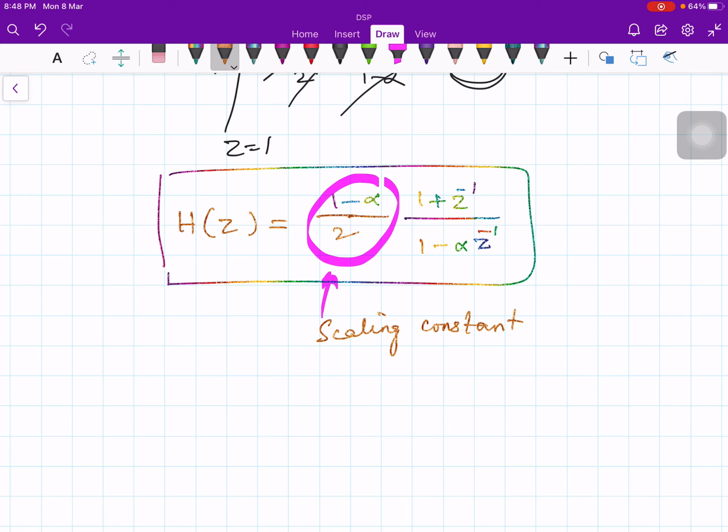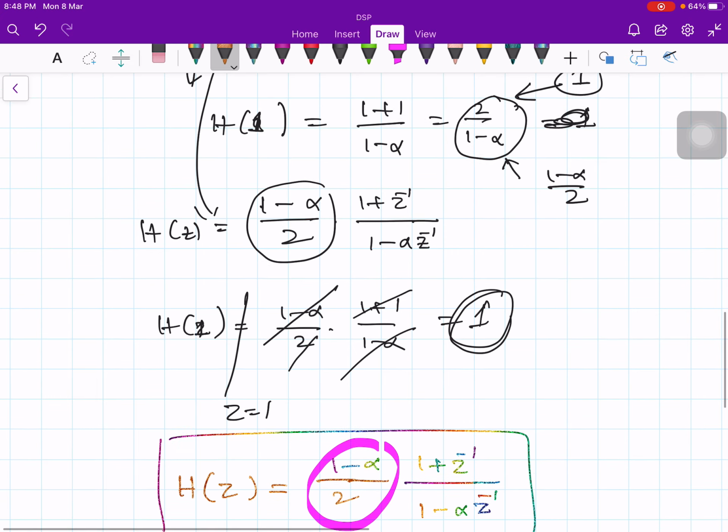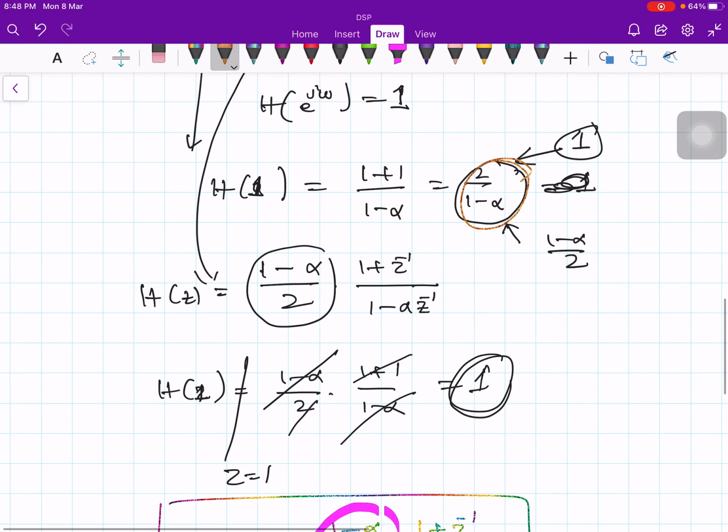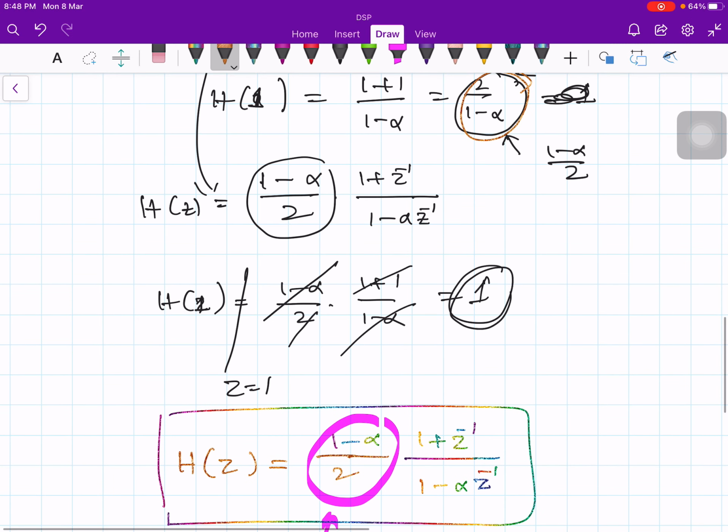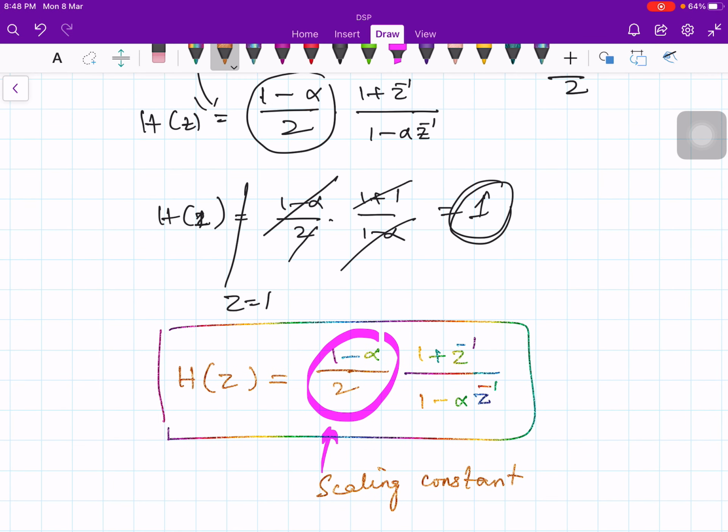Okay, so we normalize this 2 divided by 1 minus alpha to 1. So my simple IIR low pass filter becomes (1 minus alpha) divided by 2 multiplied by (1 plus z inverse).